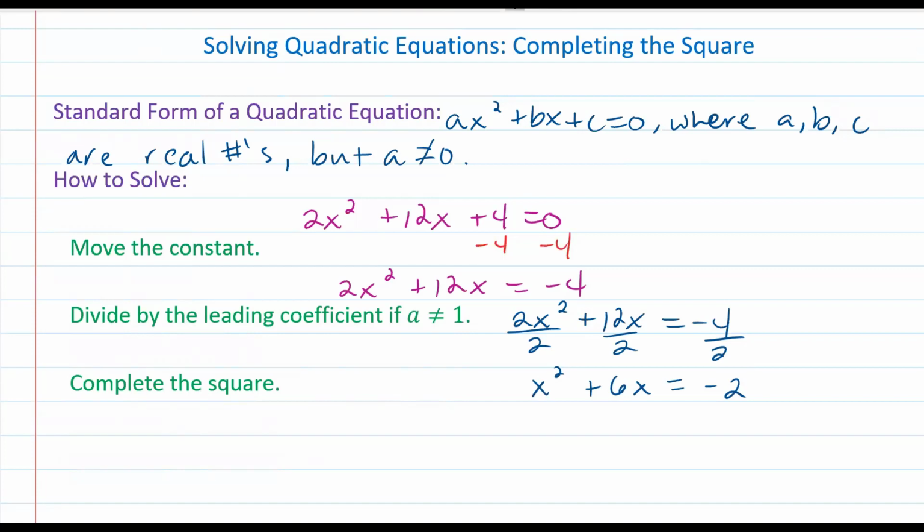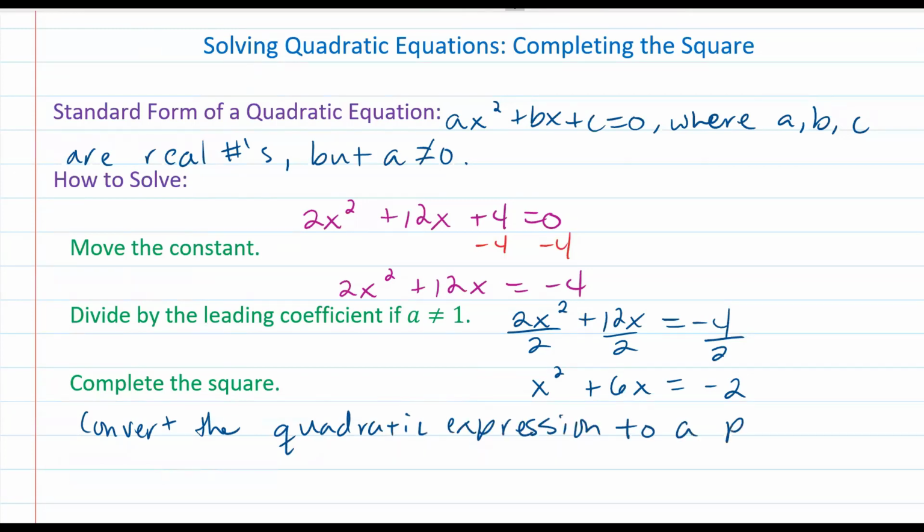Now, the goal of completing the squares is to convert the quadratic expression to a perfect square trinomial. Here's an example of a perfect square trinomial.